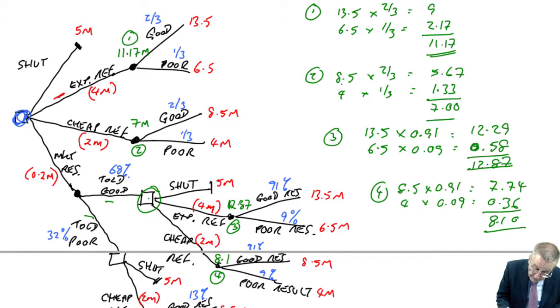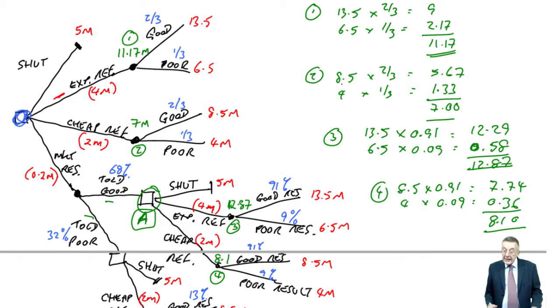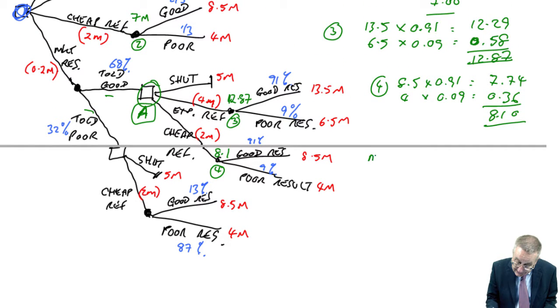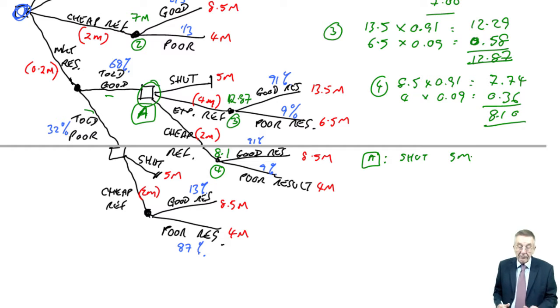If I label this A, box A, what is my choice? Box A, with the choice, we either shut and we get 5 million. You know, we've paid 0.2 million for the research, whatever happens.